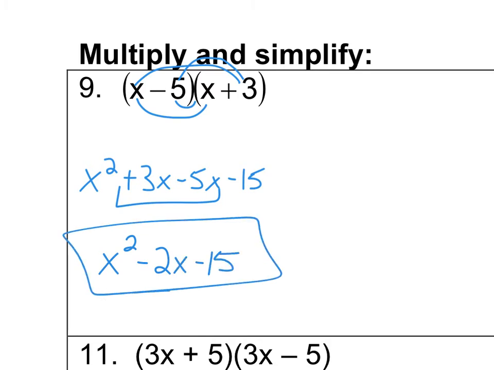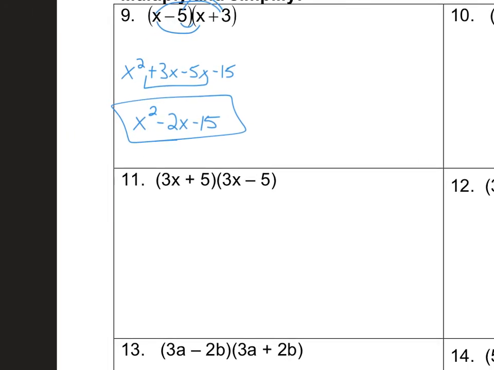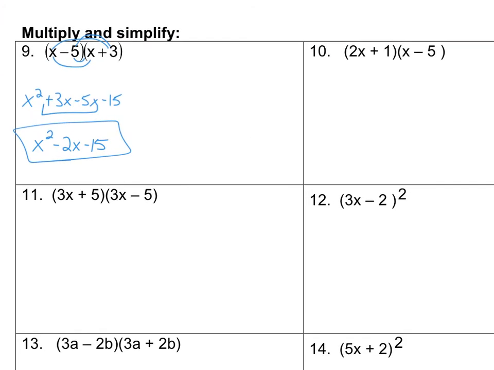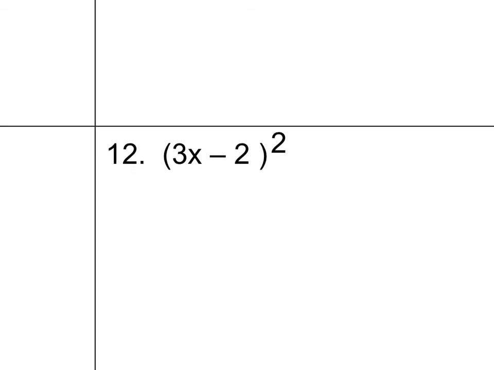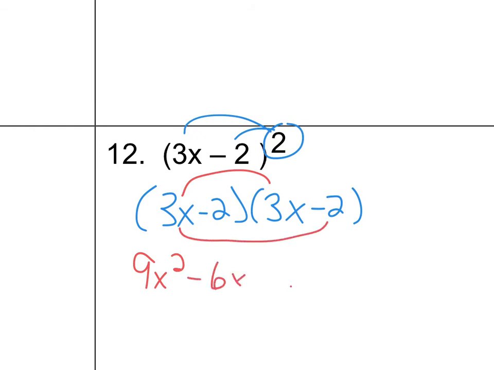I think we probably all remember that. I'm not going to do number 10. I'm also not going to do number 11. It's basically the same thing. But I will look at this one for just a second. Remember, this doesn't mean just square both terms. It means it's 3x minus 2 times 3x minus 2. So let's do this one. 3x times 3x, we get 9x squared. 3x times negative 2, negative 6x.